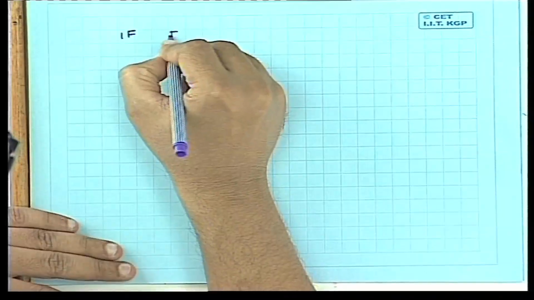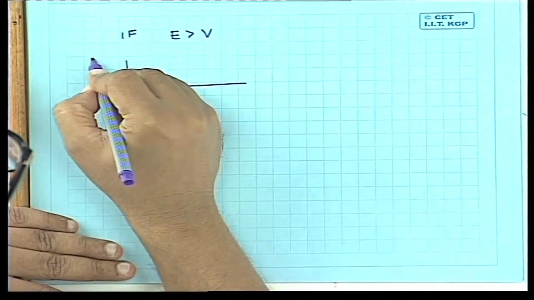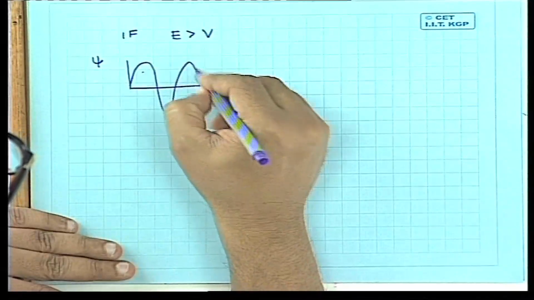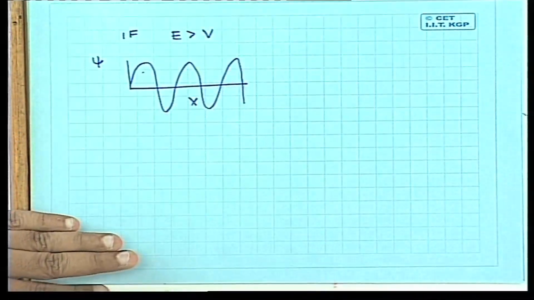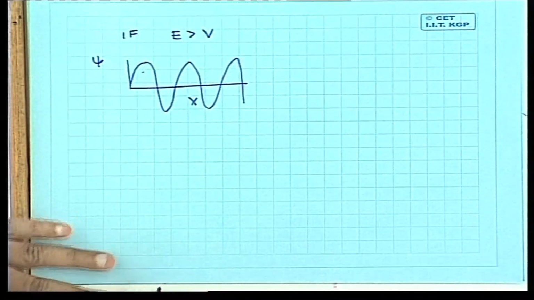If E is greater than V, then the wave function oscillates. E to the power ikx is an oscillating function. The amplitude remains the same, doesn't die down.